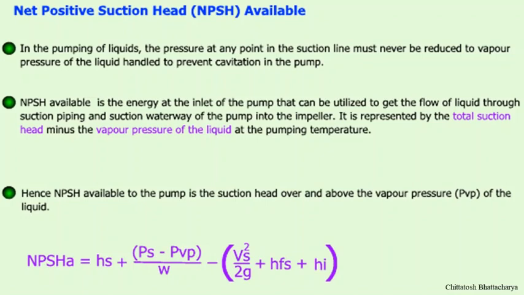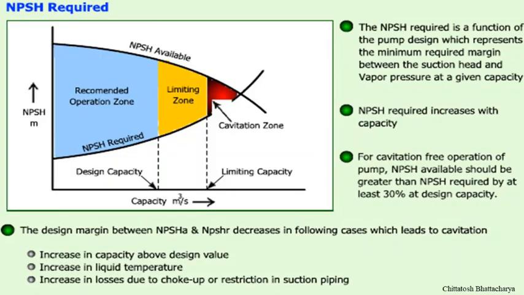So NPSH available to the pump is the suction head available over and above the vapor pressure of the liquid, after subtracting the friction losses. This way NPSH available can be calculated, and it has to be seen that NPSH required can be maintained in such a way that it is within control.